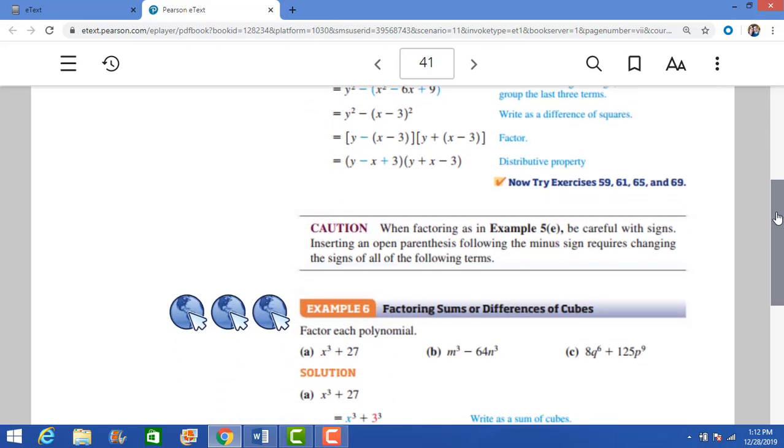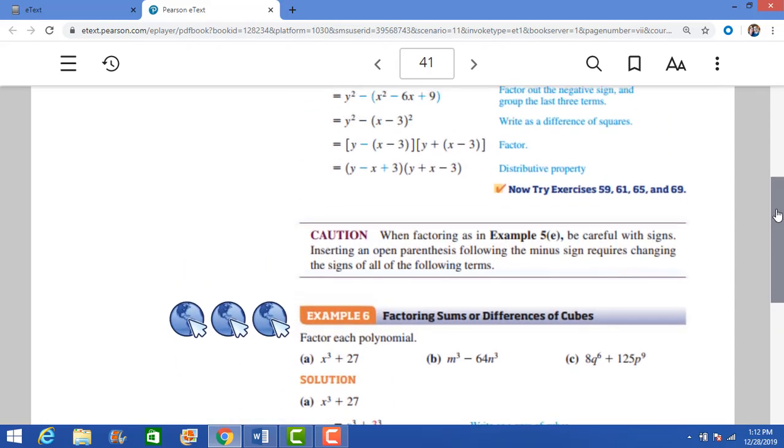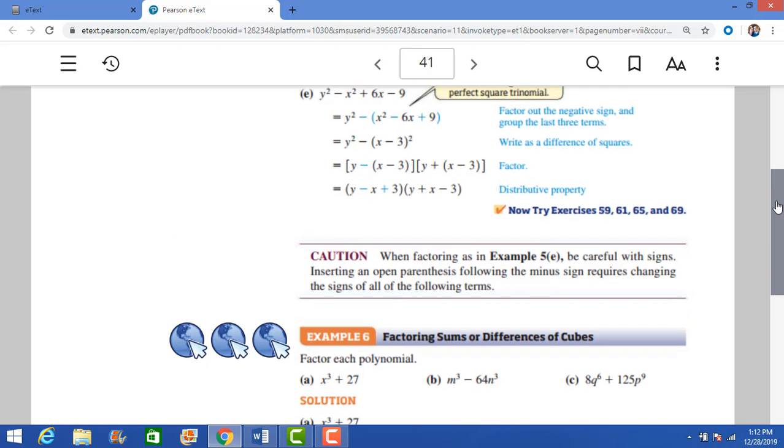And next, let's talk about factoring sums and or differences of cubes. Okay, so here we have the sum of two cubes. So what we're going to do is, since this is a plus, we're going to have x plus, what's this cube? This is 3 cubed. So we're going to have x plus 3. So our a, if you will, is x, and our b is 3.